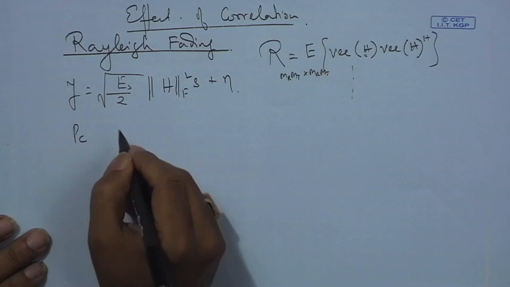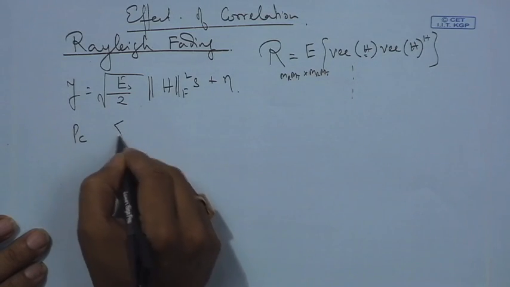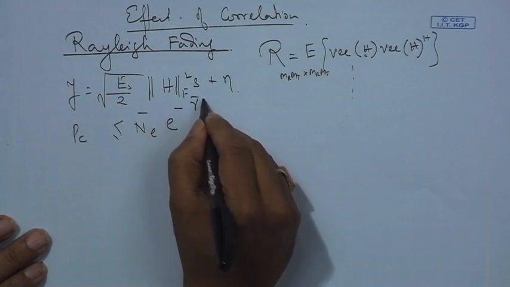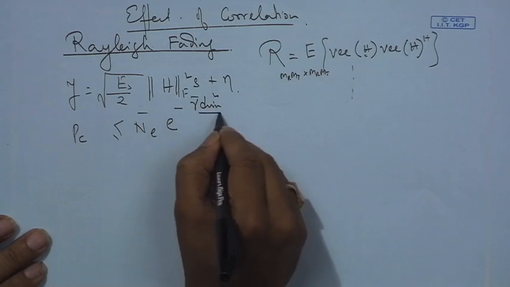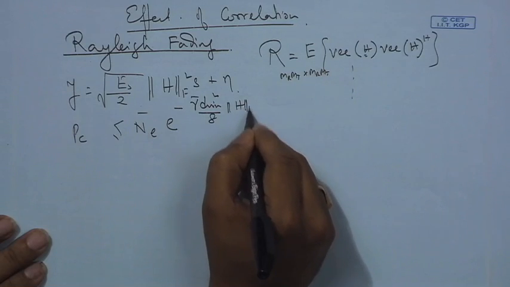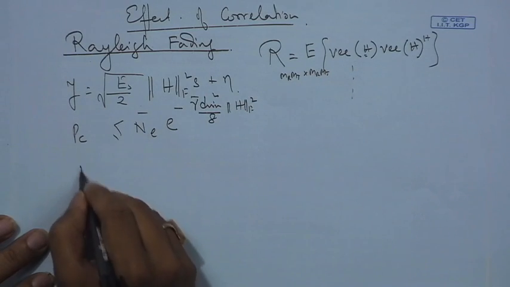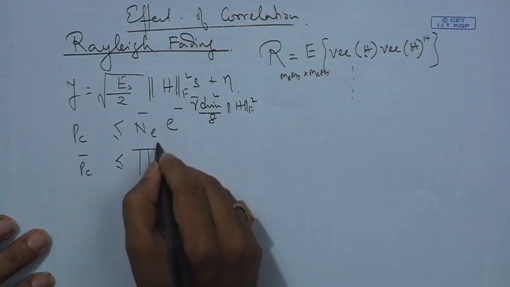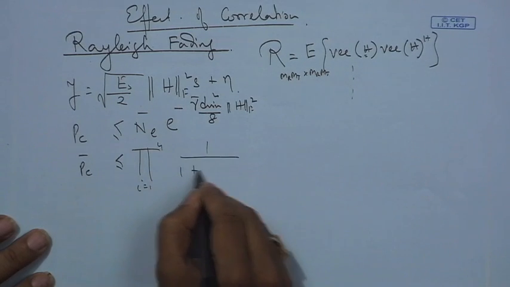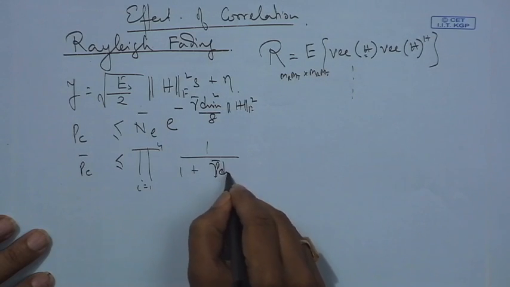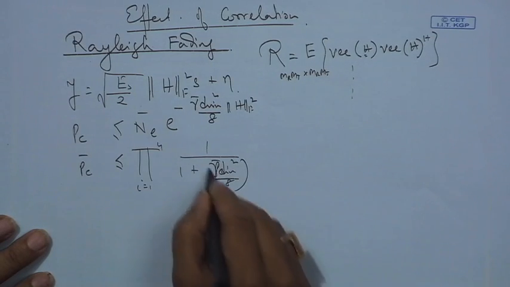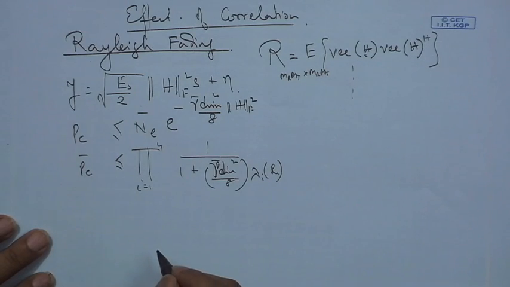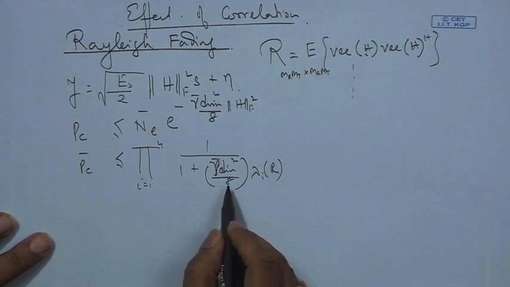The probability of error expression is given by Pe is less than or equal to e to the power of minus gamma bar d min squared by 8 times the Frobenius norm of H squared. This we have come across, and the average Pe bar is less than or equal to the product for i equals 1 to 4 of 1 by 1 plus gamma bar d min squared upon 8 times lambda i of R. It's a 2 cross 2 Alamouti scheme.